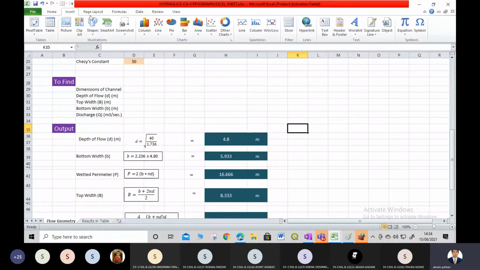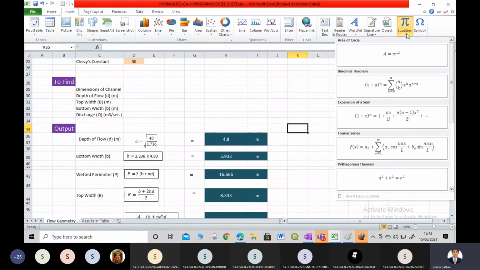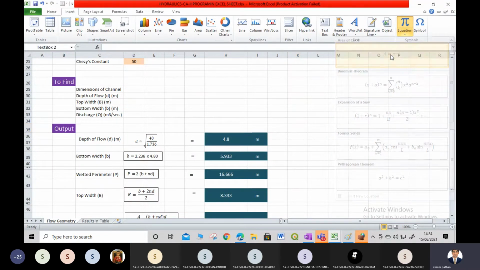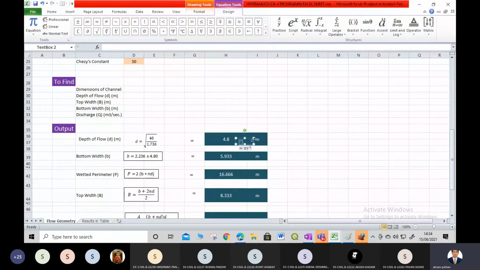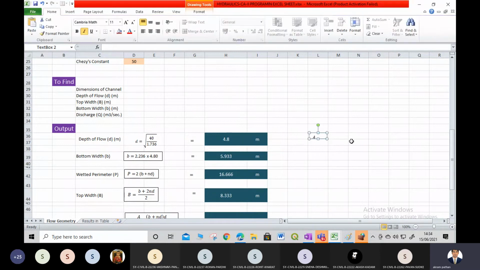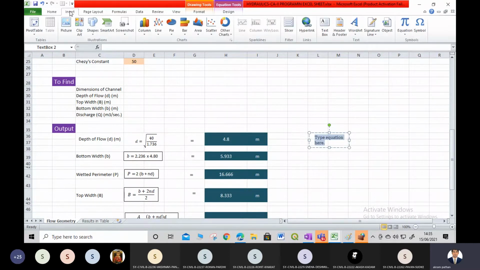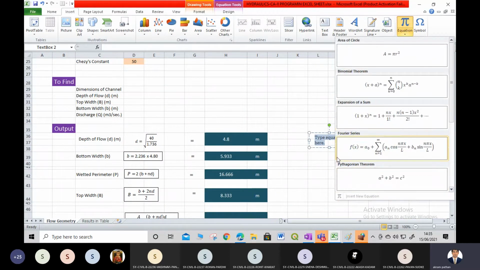Simply go to the insert section. There will be an equation on this window. Simply select this one, and it will come here. Then you have to write down here D is equal to under root. Here we have the insert section, then here we have the symbols.